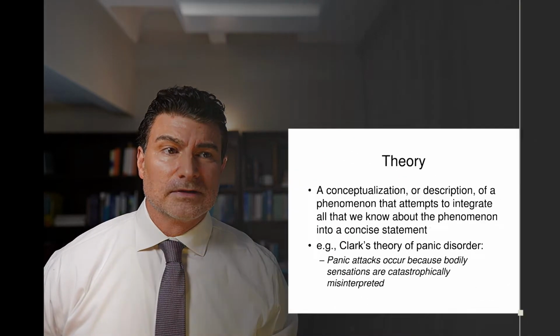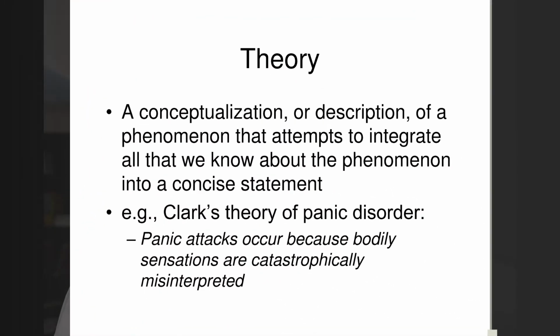So a theory is a concise statement that integrates all that we know about a phenomenon. It takes all of the previous research and makes a summary of it. David Clark has a theory of panic disorder, and he thinks panic attacks occur because bodily sensations are catastrophically misinterpreted. So that's one very concise, dense statement that takes all that we know about the research on panic attacks and puts it together.